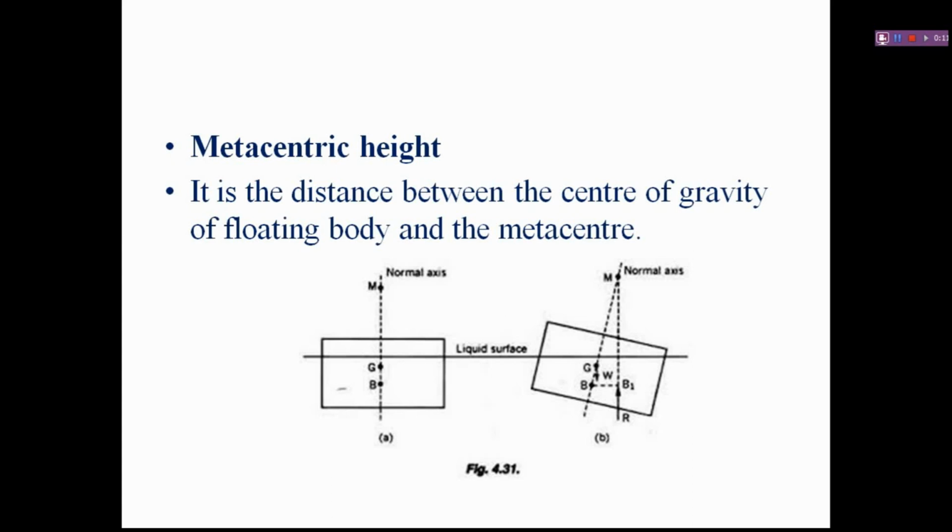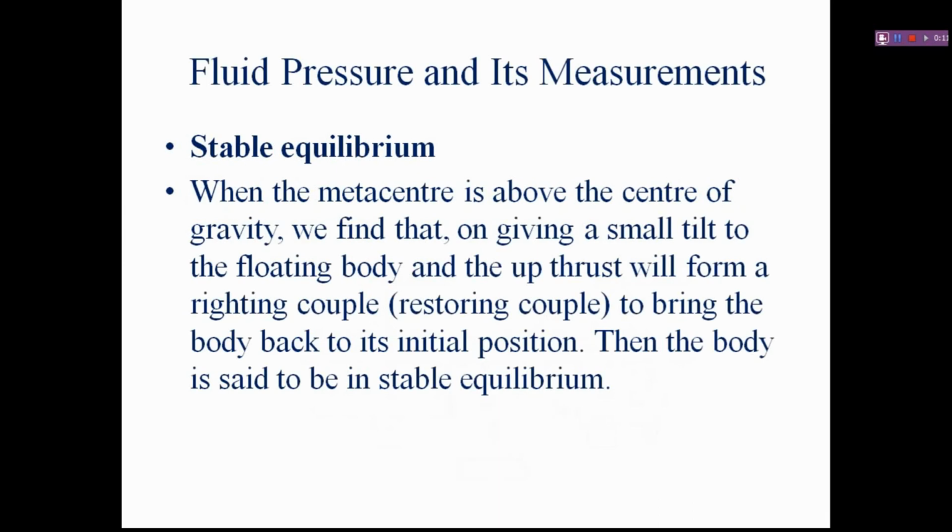We can see that the first line, passing through the center of gravity and center of buoyancy, meets the second line, passing through the new center of buoyancy, at point M. M is the metacenter.